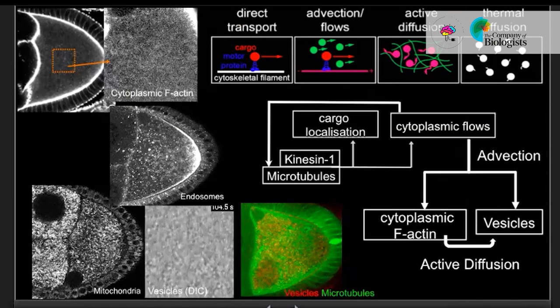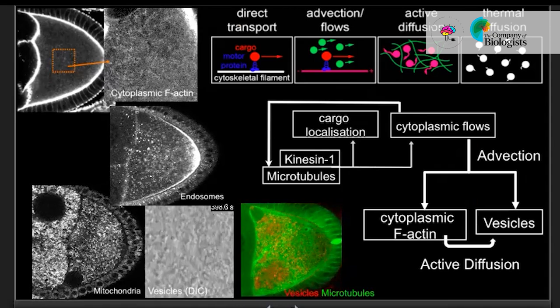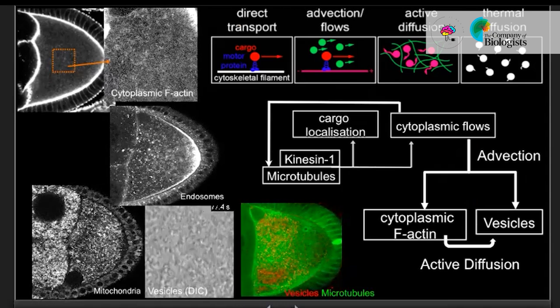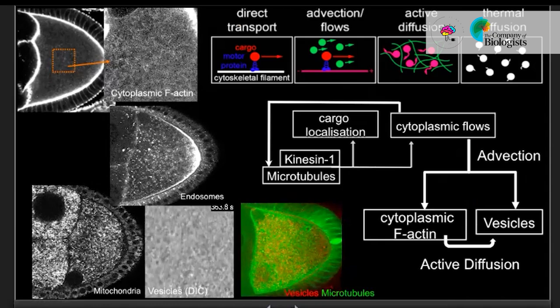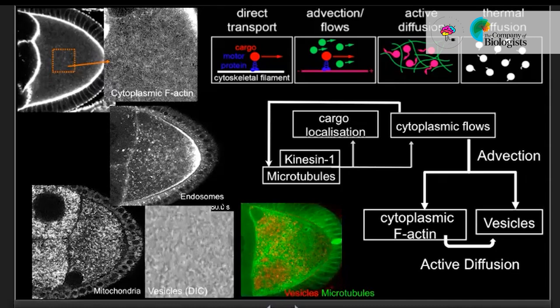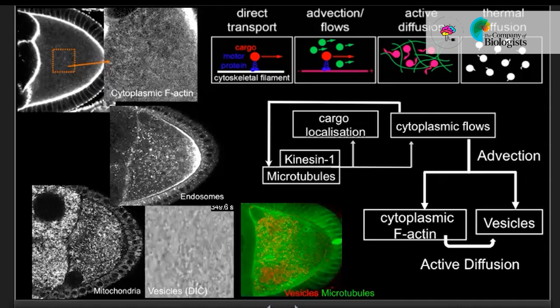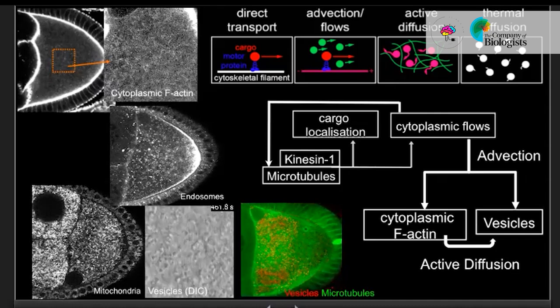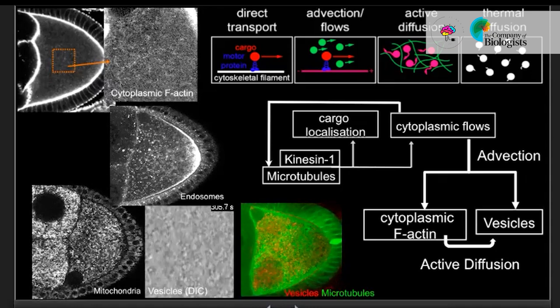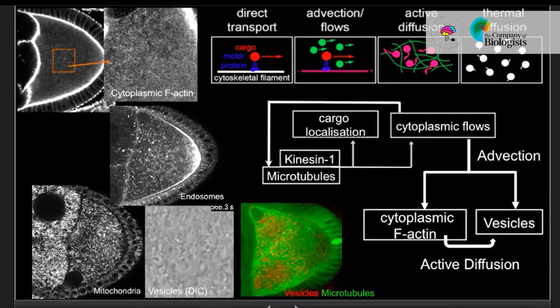Yeah. And you have kinesin 1, a major microtubule motor that is required with the microtubules to move several cargos. And I'm not going to go into it, there's a lot of work, not just from our lab, but many labs. This induces these flows, this dragging of the viscous cytoplasm with the kinesin. And these flows are important for the advective motion, or advection, of a lot of components in that cell. And that we show as well.